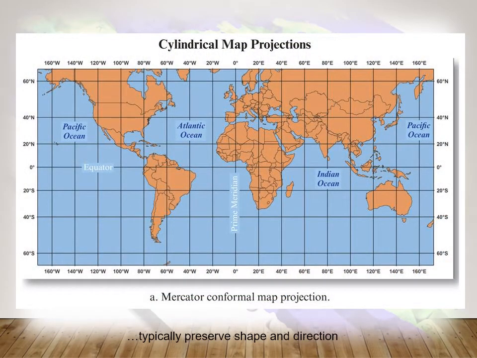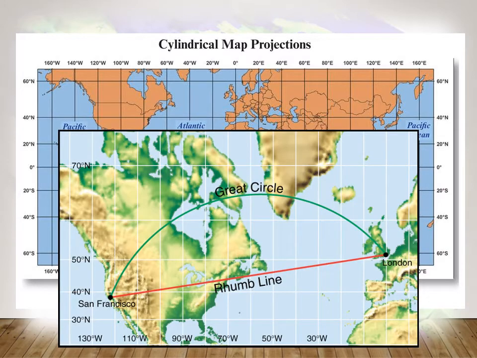Cylindrical projections are pretty useful if you want to draw what's called a great circle route. A great circle route is the route an airplane would fly across the world. What's interesting is most people don't think of the world as 3 dimensions, they think of it as a 2-dimensional map.